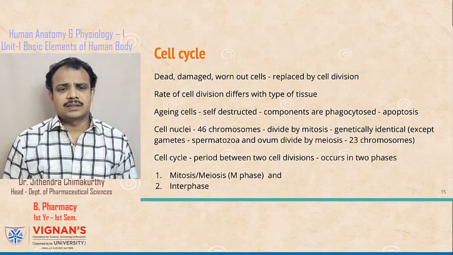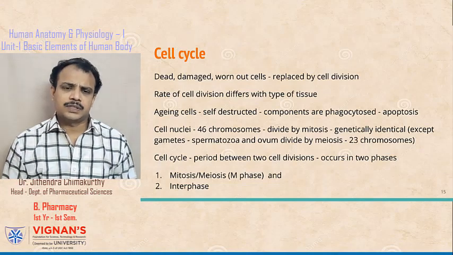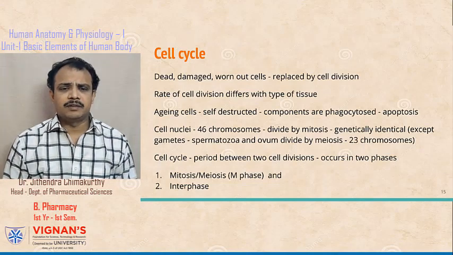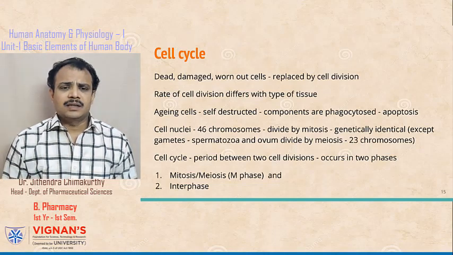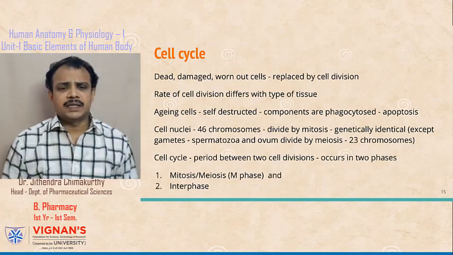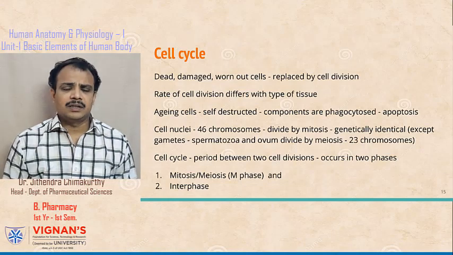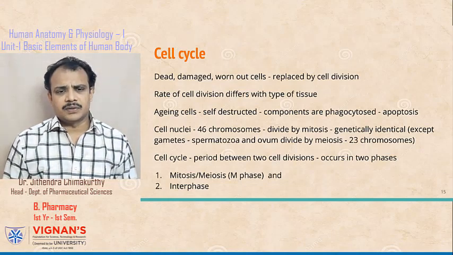And this rate of growth of cells differs in different tissues based upon their function and based upon their activity. And this is a very carefully regulated process to maintain the normal number of cells that are present in any tissue or organ.